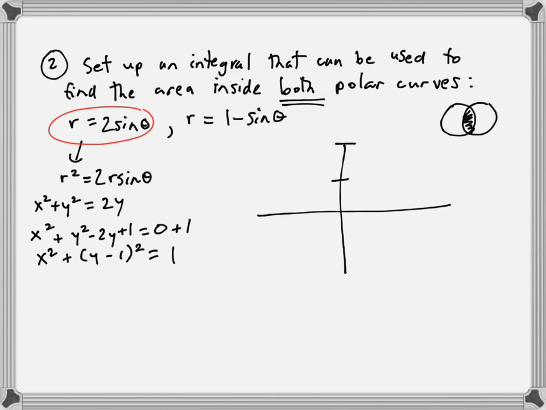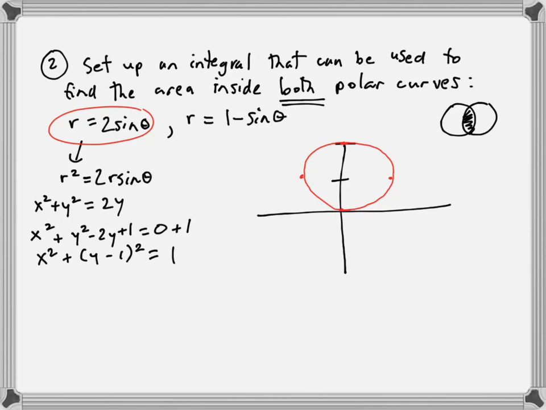It's going to look like this. Sorry, that looks like a terrible circle, but that's our circle. We're going to use our imagination here. This is a circle of radius 1 centered at (0, 1), right?